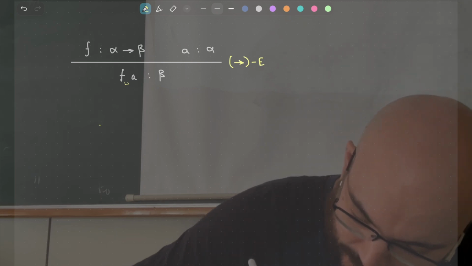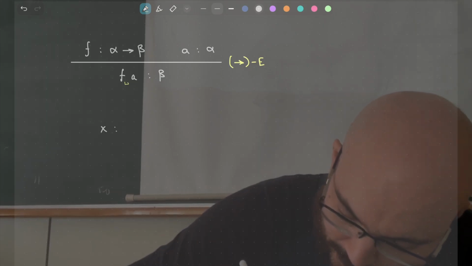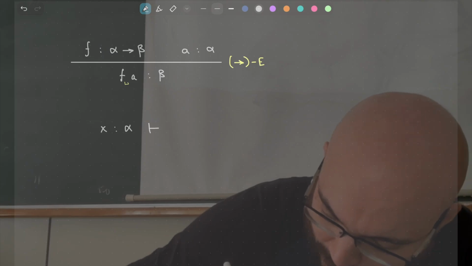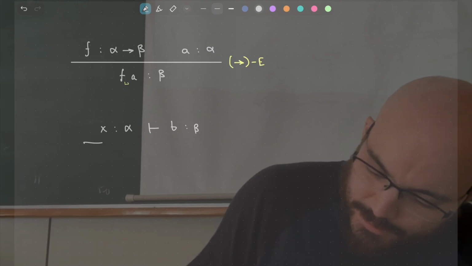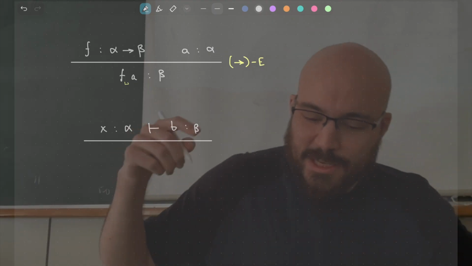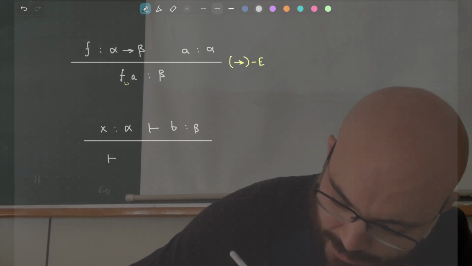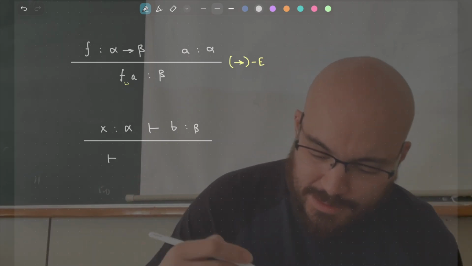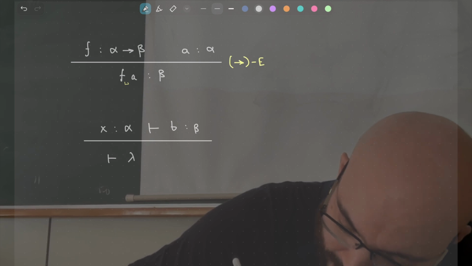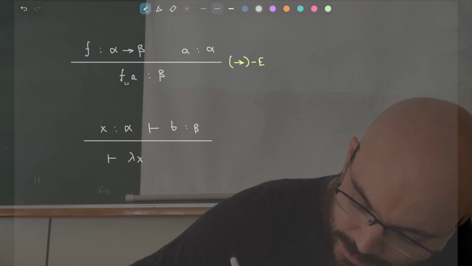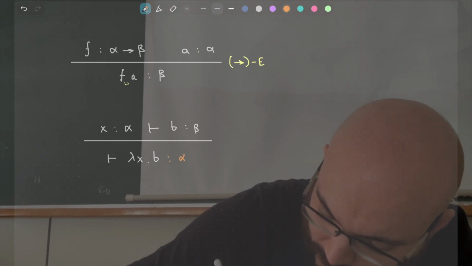If I have an x of type alpha, and from this I can produce some b of type beta, then I can turn this x into an argument, parameterize it, and create a function, which we denote as we saw in the previous lecture. The type of this thing is from alpha to beta.